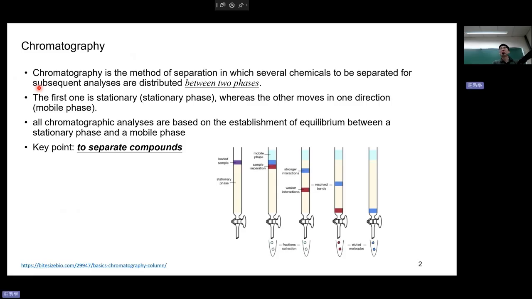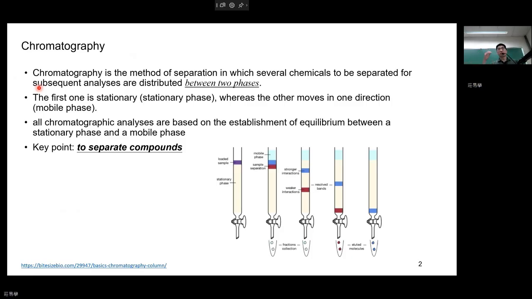Well, the answer is, in most cases, for compounds in an environmental sample, you won't be able to directly quantify a specific compound without separation.